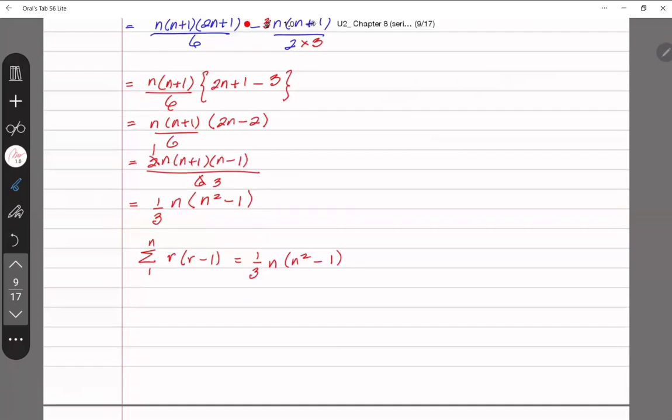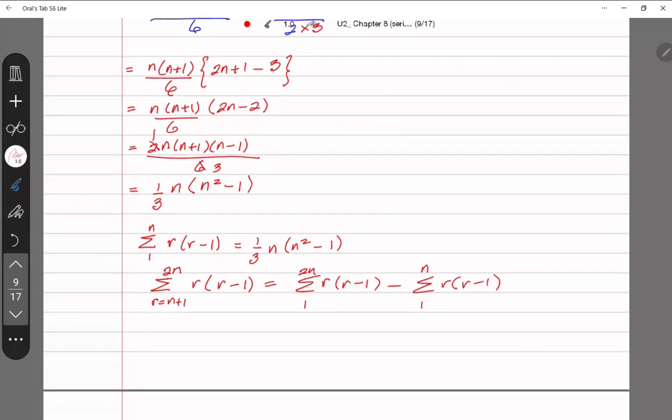But what we want to find is this. From r is equal to n plus 1 to 2n of r into r minus 1. And this would be equal to from 1 to 2n of r into r minus 1 minus from 1 to n of r into r minus 1.